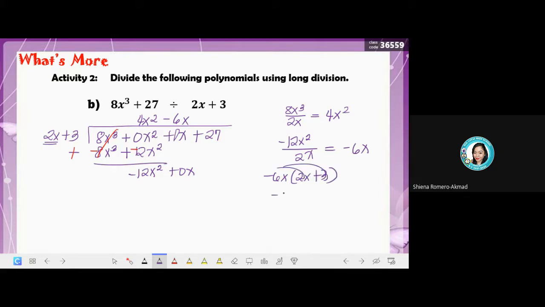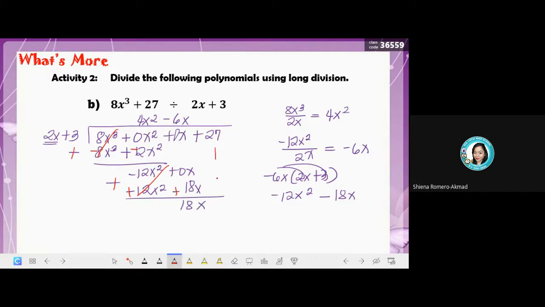We have negative 12x squared minus 6 times 3 is 18x. We have here negative 12x squared minus 18x. Subtract. Change the sign. Proceed to addition. So this is 0, and this will become positive 18.